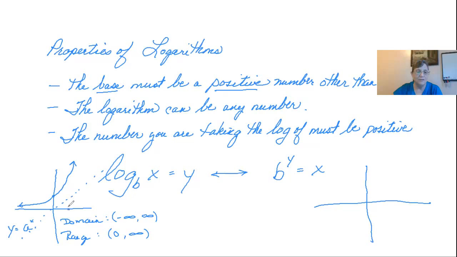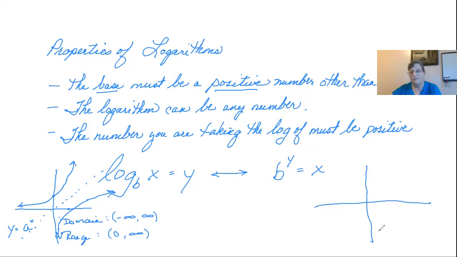So this point ends up over here, this point ends up over here, this one ends up over here, this one ends up over here. The graph of the logarithm looks like this.